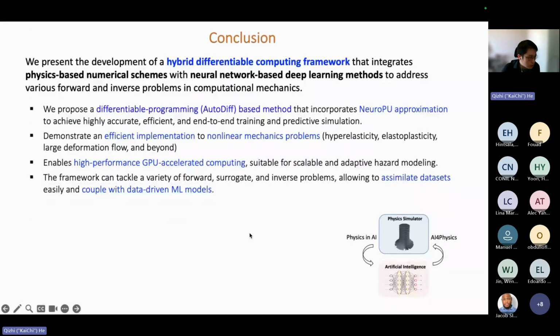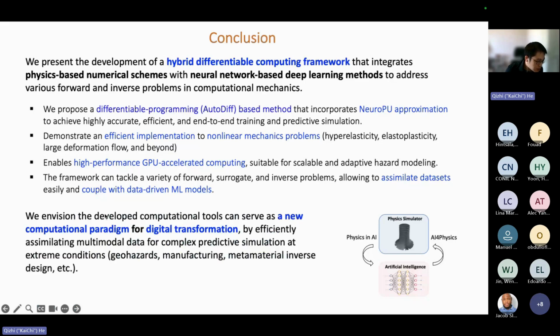All right, the time is almost up. I want to conclude my talk with this slide. The key point is that our group tried to develop this so-called hybrid differentiable computing framework by combining the neural network-based deep learning method with the physics-based numerical method. We try to demonstrate that we can not only achieve fast and accurate simulation results, but also enable data assimilation and inverse modeling under the same framework.